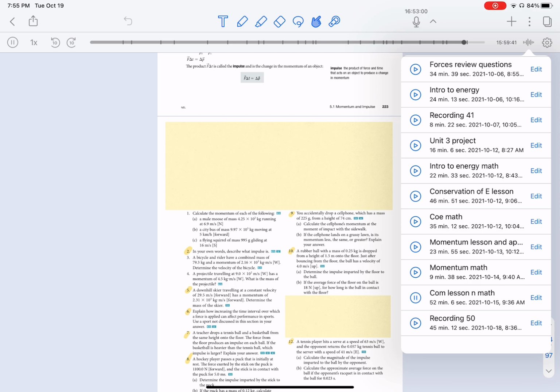Here we go. All right, so we have the first two lines written right away on the page.